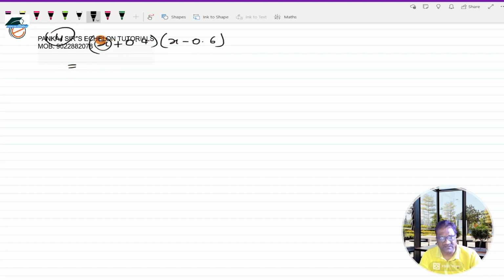Take the first term of the first expression x, multiply it with the entire second bracket, that is x minus 0.6, then take this second term along with the sign before it, so I'll take plus 0.4, multiply with the same second bracket, it will be x minus 0.6, right?